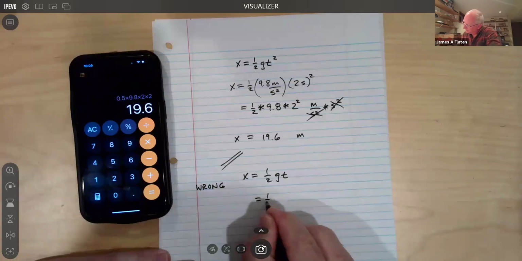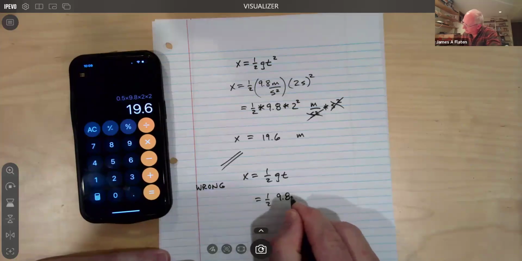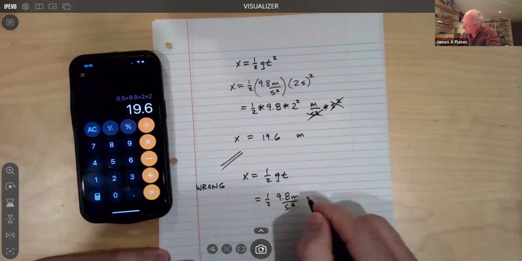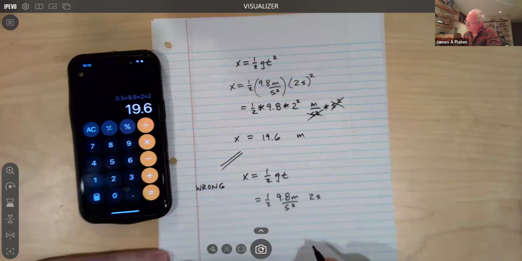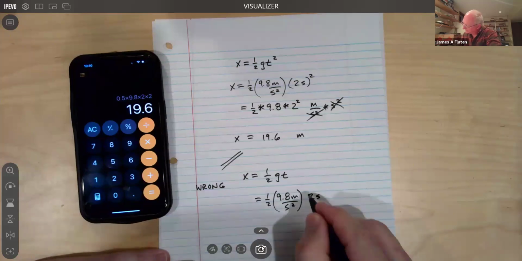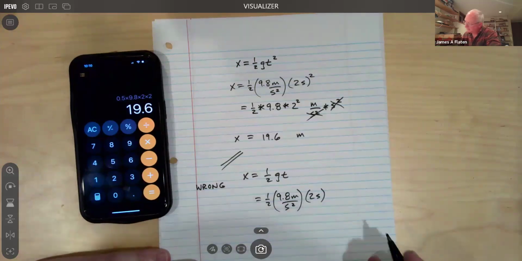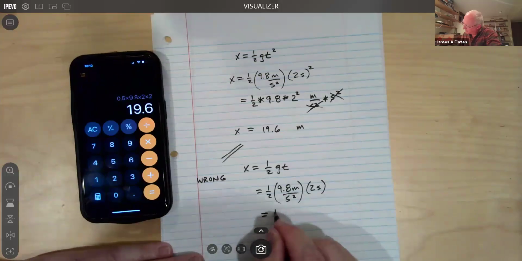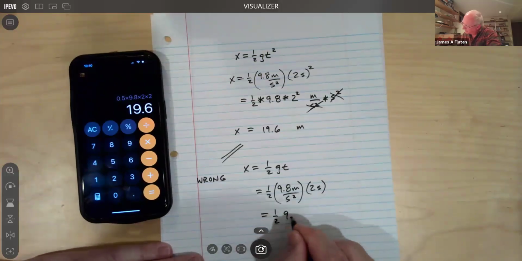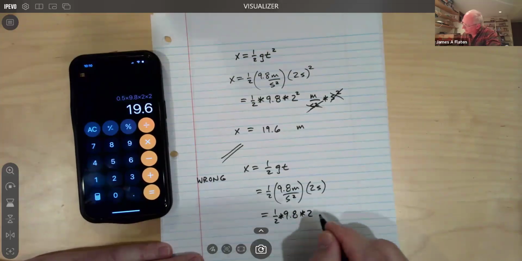So you go 1/2 9.8 meters per second squared times 2 seconds. So there's G and there's T, and it's not squared by mistake. And so I do my calculation and I get the following 9.8 times 2. That's the number. And then here are the units, meters per second squared times seconds.